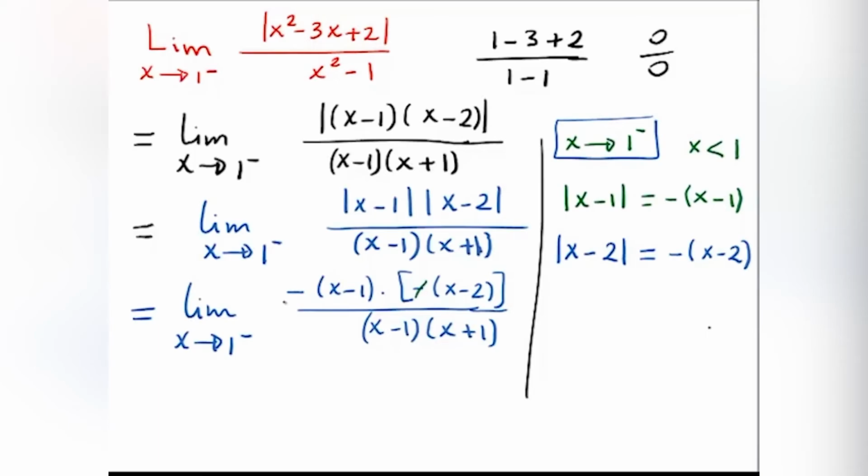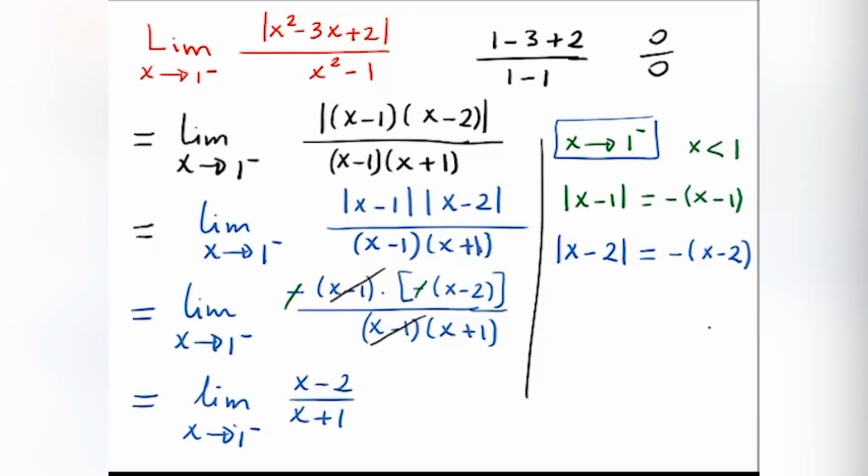The negative times the negative is going to be just positive. And I can also simplify this factor with this factor, leaving the limit of x minus 2 divided by x plus 1 as x goes to 1 from the left.